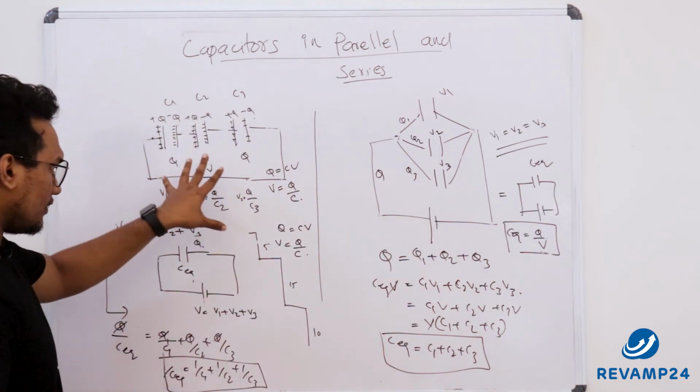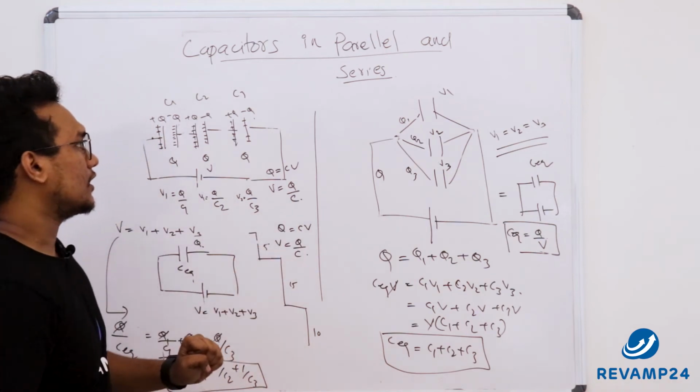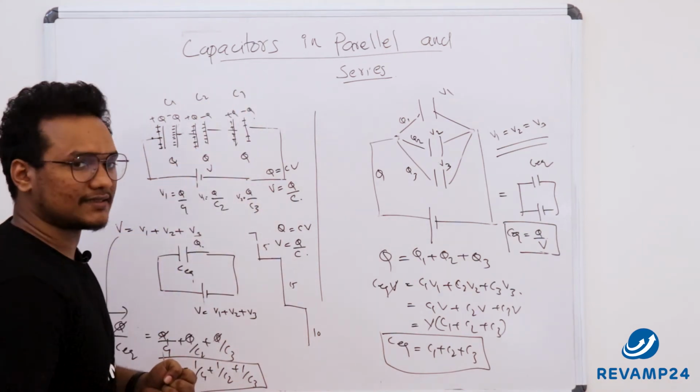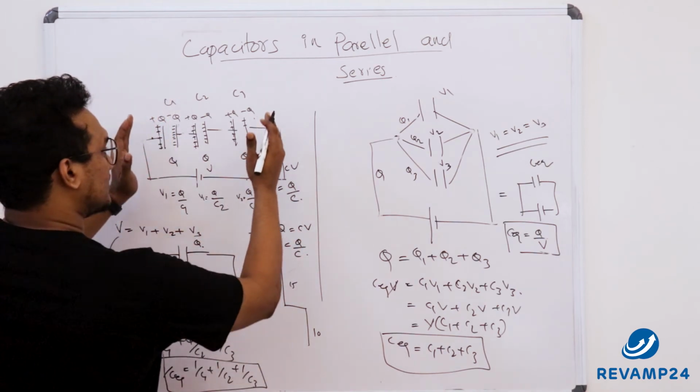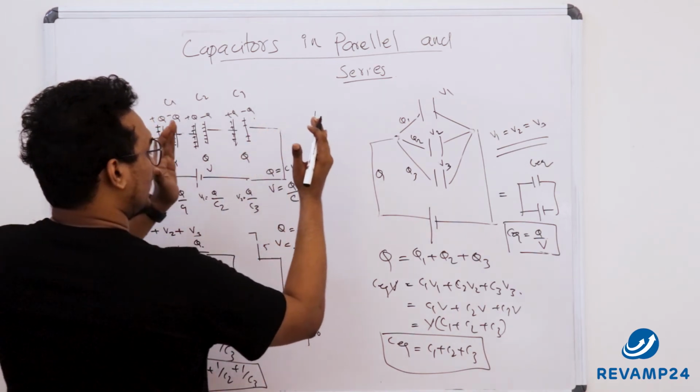Now, whenever we are deriving equations for effective capacitance in series and parallel arrangements, you have to draw 2 pictures. One is the actual picture and the other is the equivalent circuit.